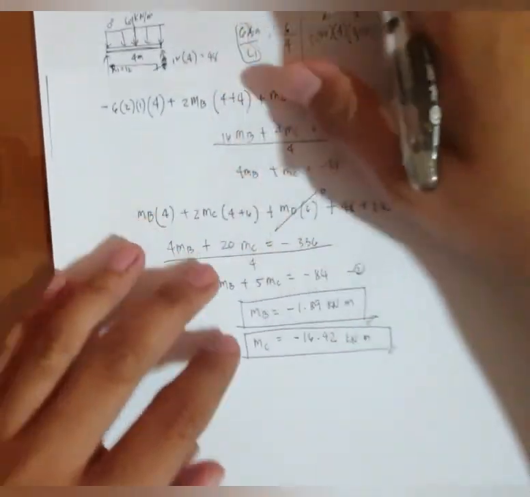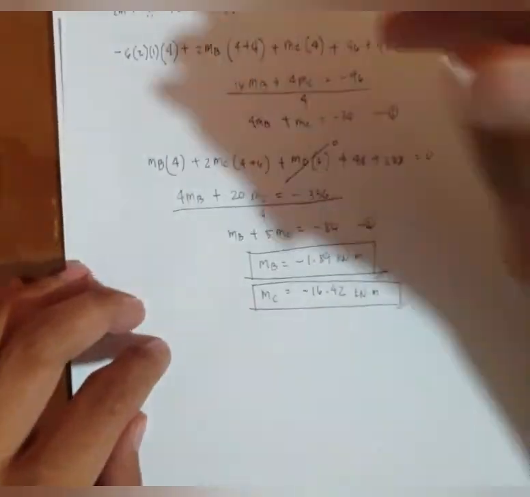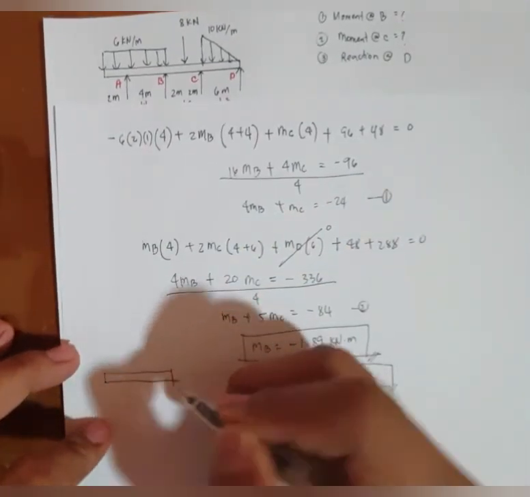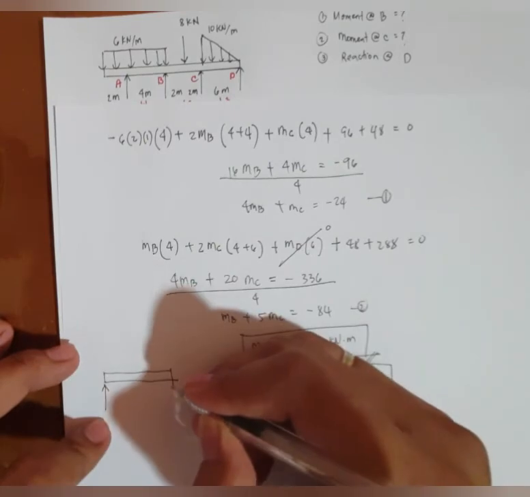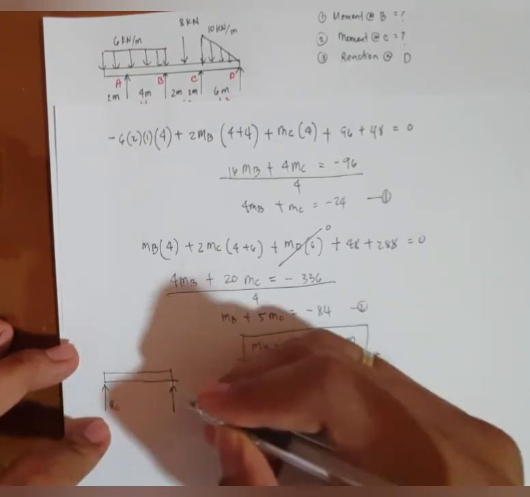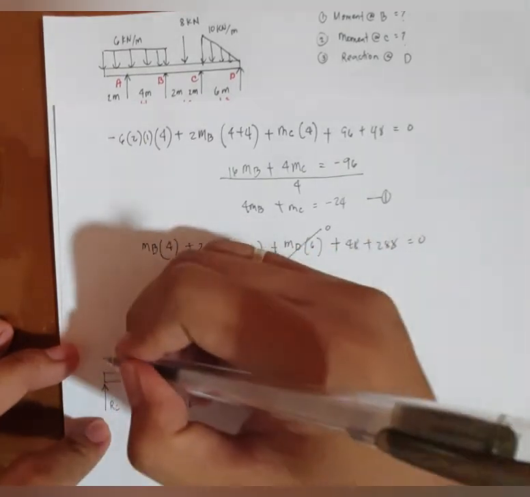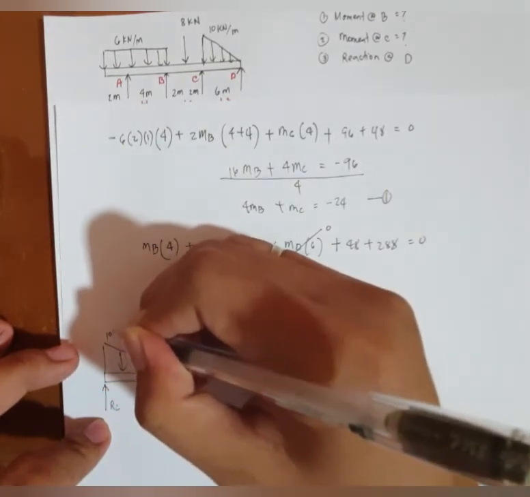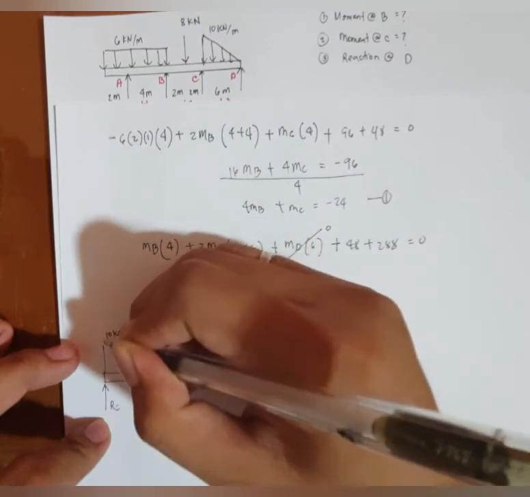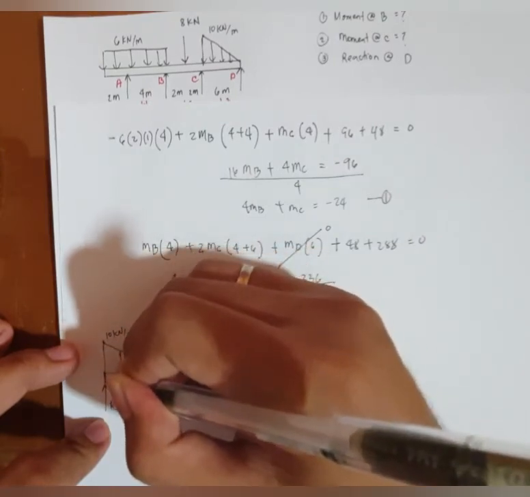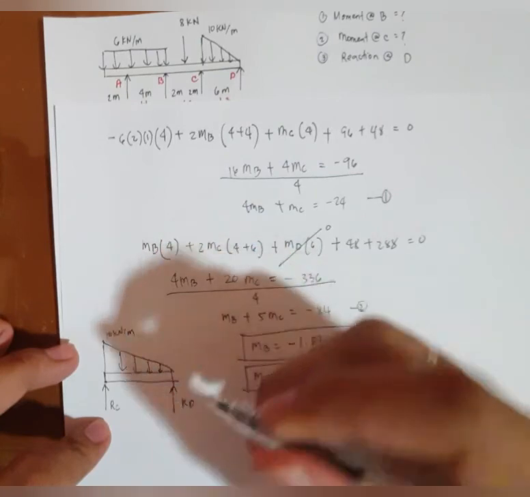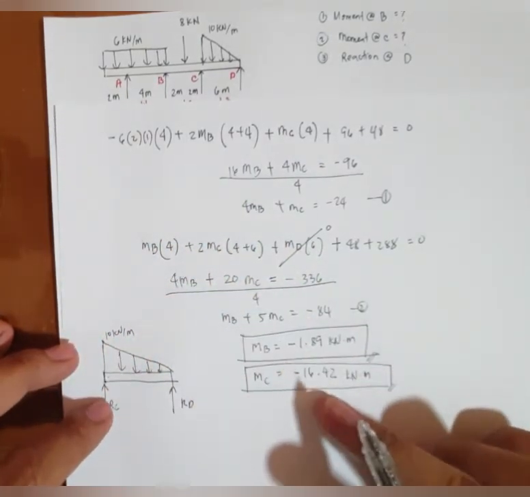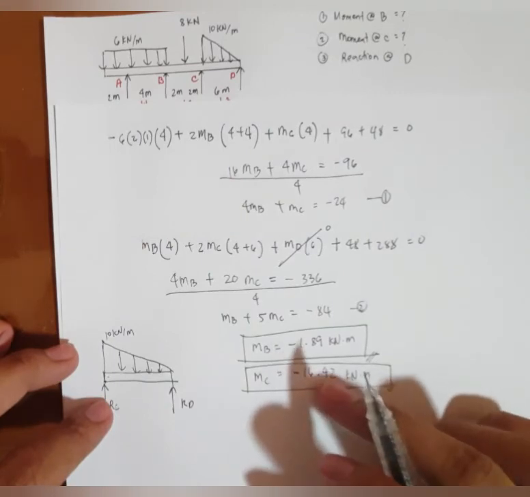So pag-cut nimo, you have reaction at C and reaction at D. Pero imo nang i-include sa pag-analyze ang moment at C. Then the moment at C is negative 16.42.